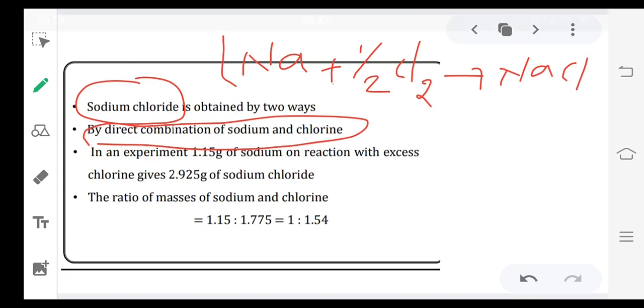So we have taken some quantity of sodium and some quantity of Cl2 in a bowl, and we got NaCl.